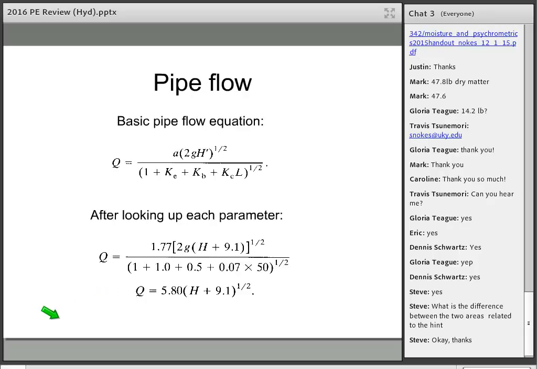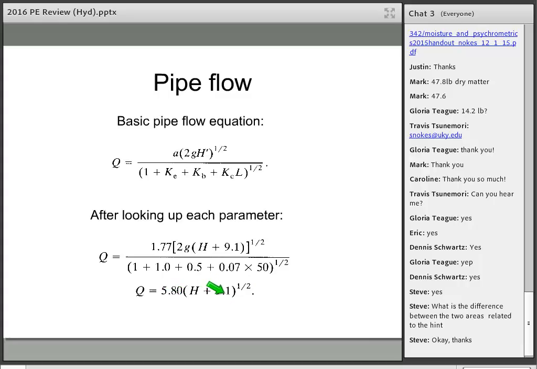And then the pipe flow, you look up each of the parameters based on the example you found in the reference, and you can figure out that you end up with another equation, which is 5.8 times h plus 9.1.